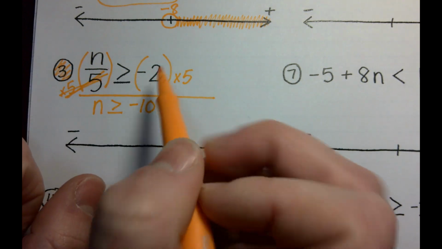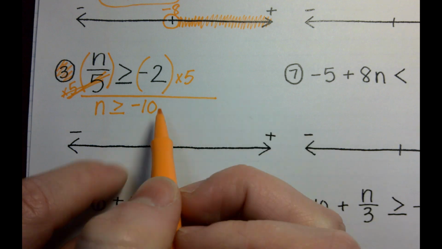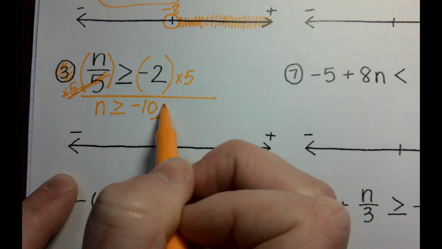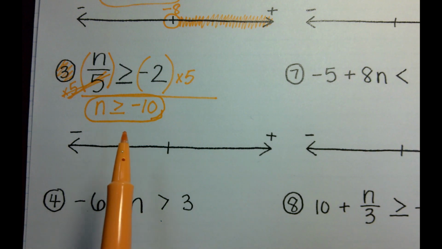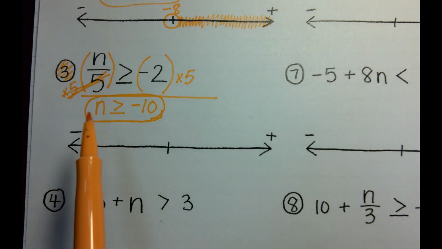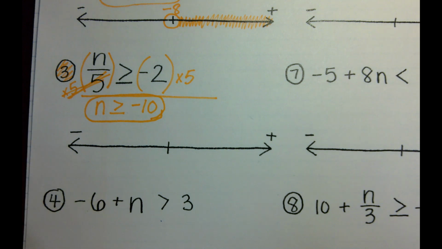But the -2 was already there. So we don't actually have to flip it in this case. It's only when you're multiplying both sides by a negative, and when it's attached to the variable, typically.